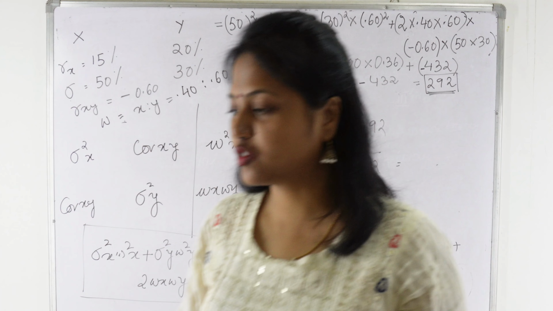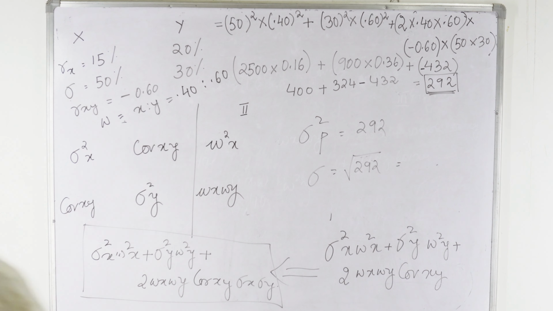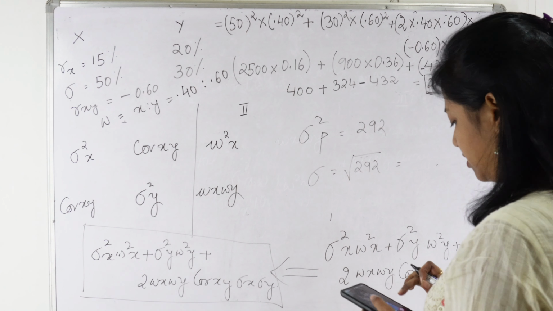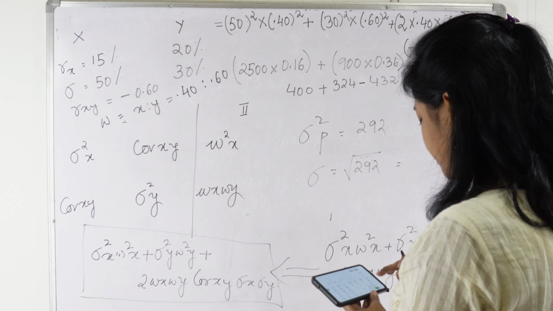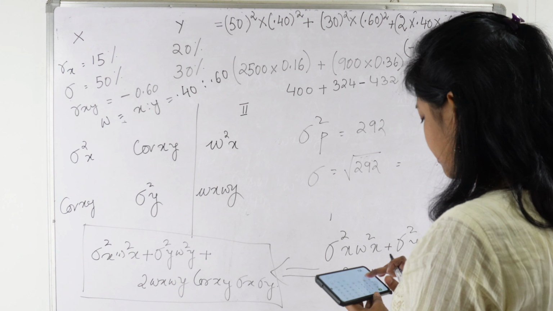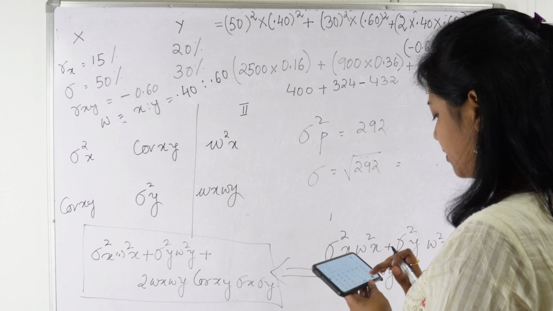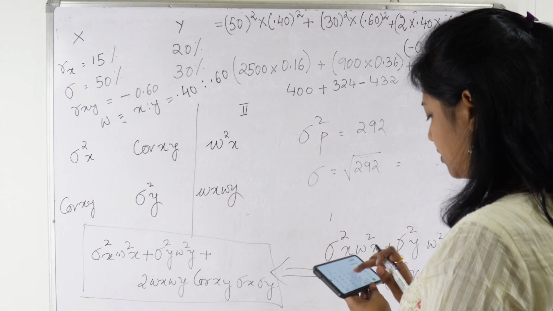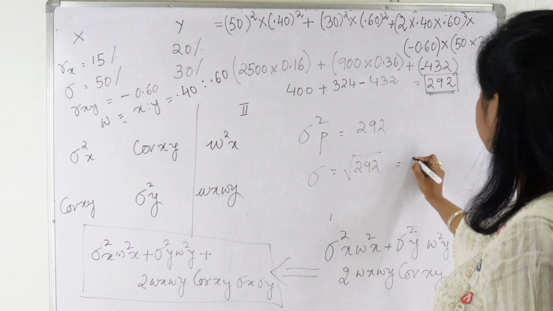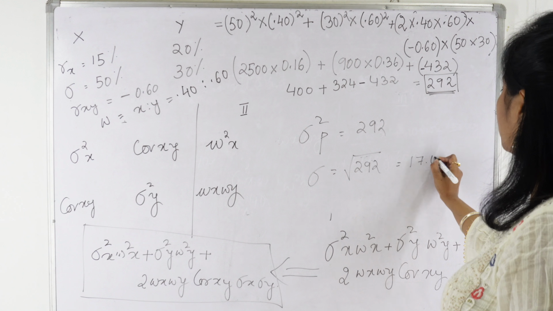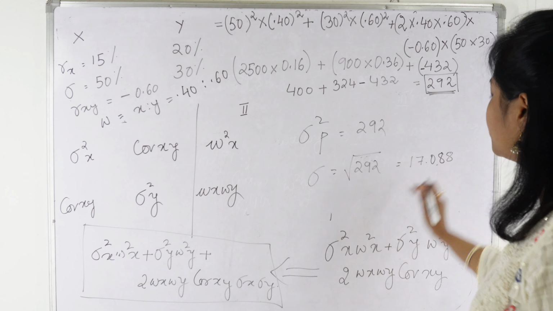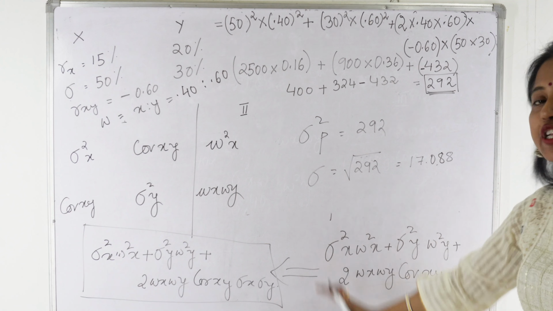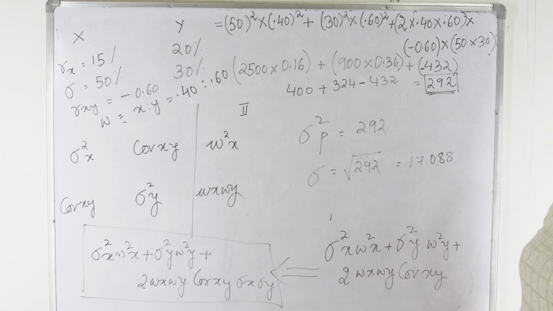So let's see what's the square root. So this is 17.08. So this is the absolute risk of this portfolio.